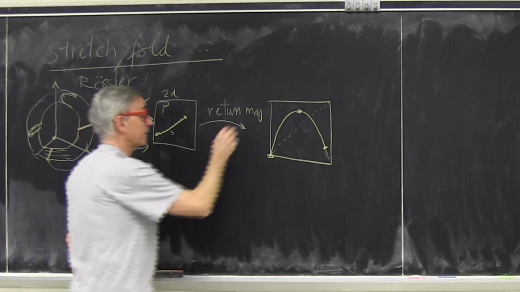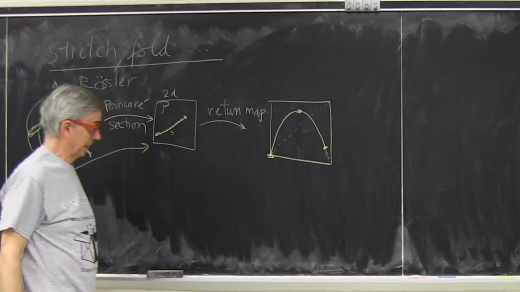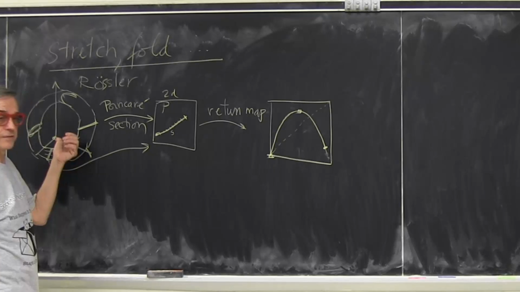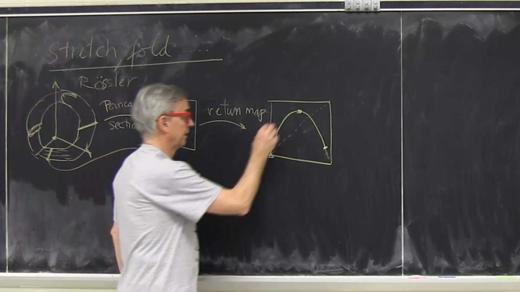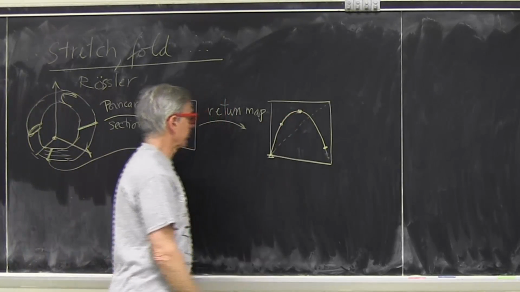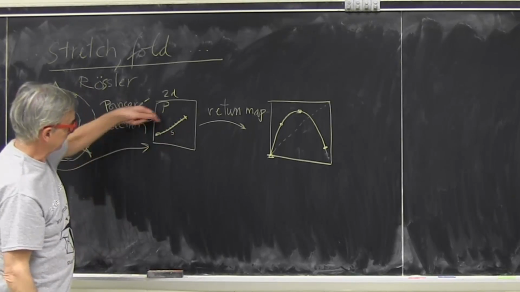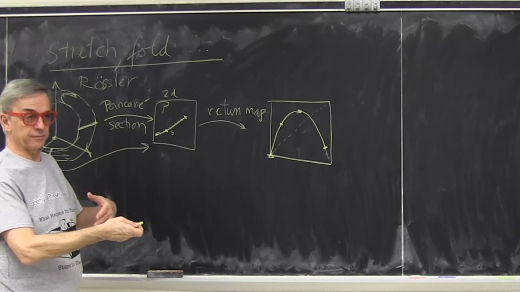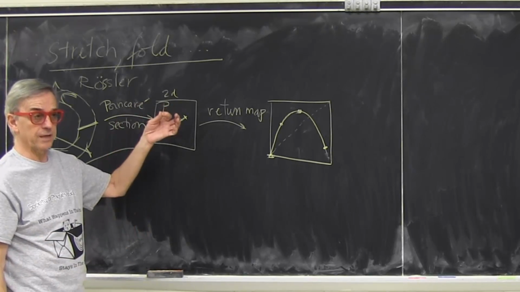And it turns out that when you think about it, if you understand the dynamics on this map, you understand it in full state space. Because any point here in this map is actually embedded in a two-dimensional plane, which is embedded in three dimensions. So you have full information.